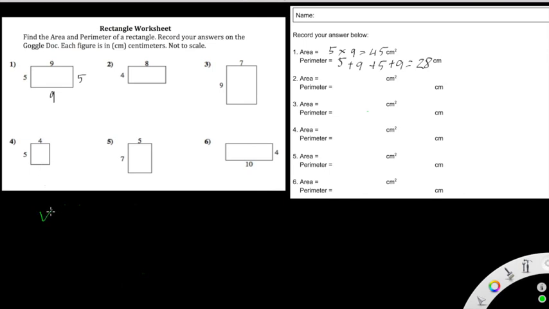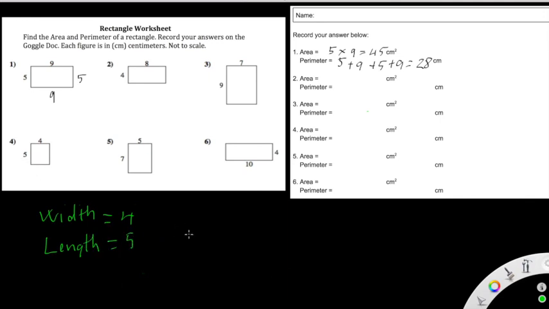So we have the width. Always use a piece of paper to write it down. Okay, the width is 4. The width is the short side, 4, and the length is 5, the long side.